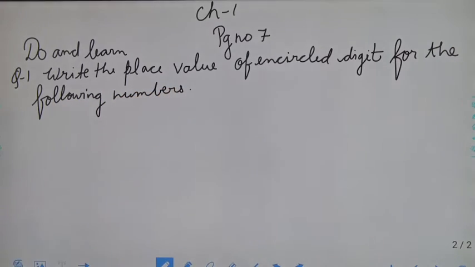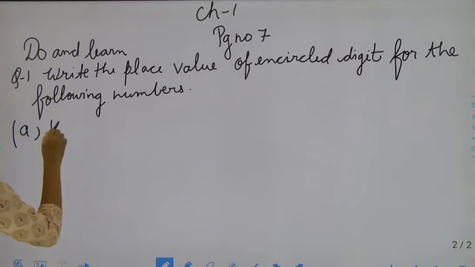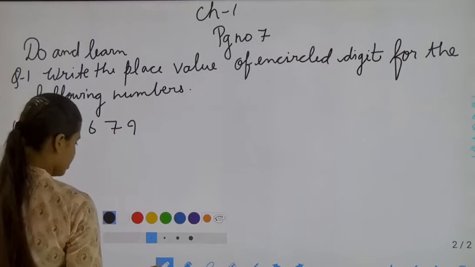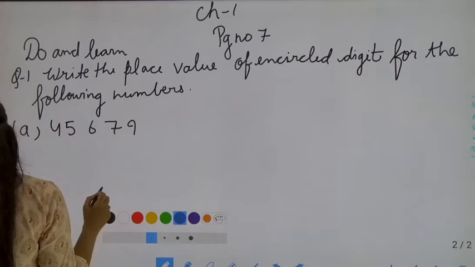Okay, let's start with the first part, that is 5,679. So we have to tell the place value of 6.